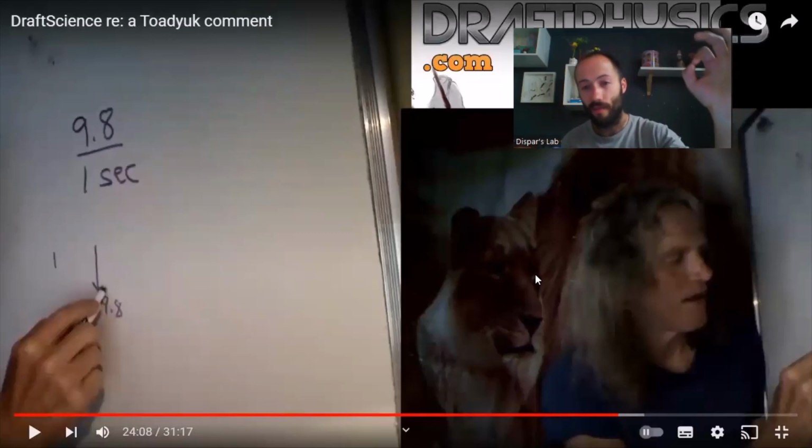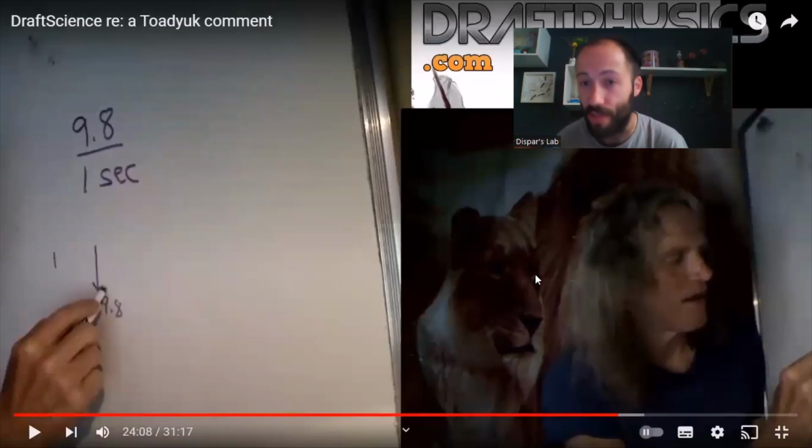You start with 0 meters per second. After 1 second, you are traveling 9.8 meters per second, which means after 1 second, I have gained 9.8 meters per second in 1 second.